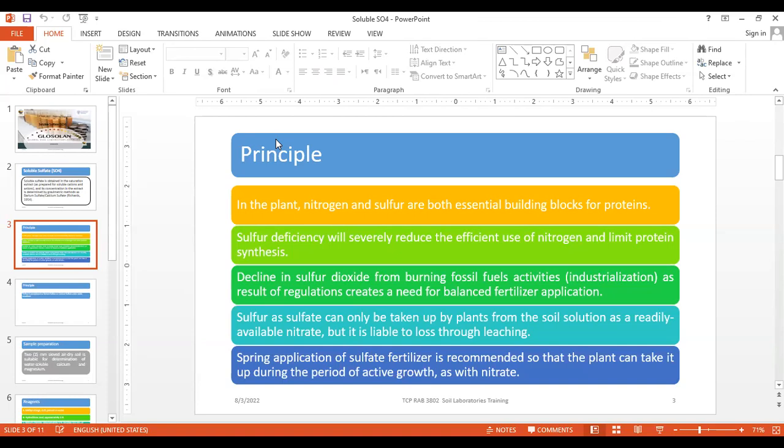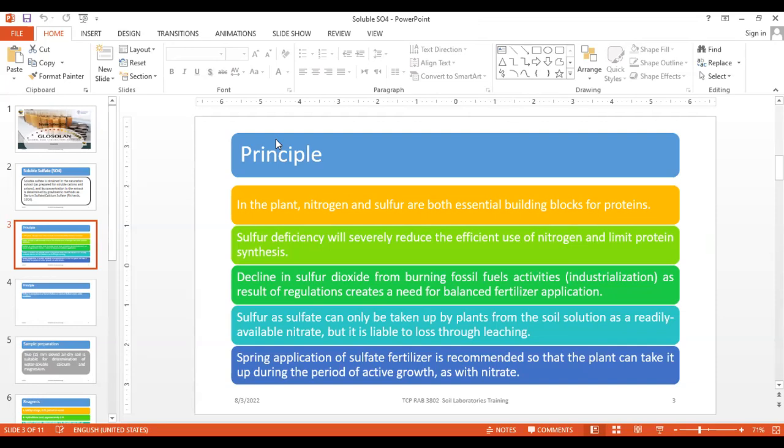Fertilizer application, especially in our region, I think is very important because it can also help to reduce the pH. As you know, in arid regions in general, the pH is high, normally more than 8.5, and this will hinder the availability of phosphorus and micronutrients like iron and zinc.